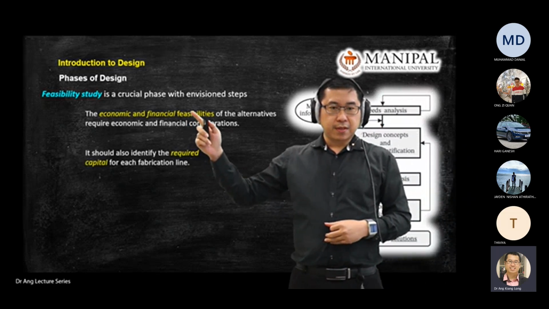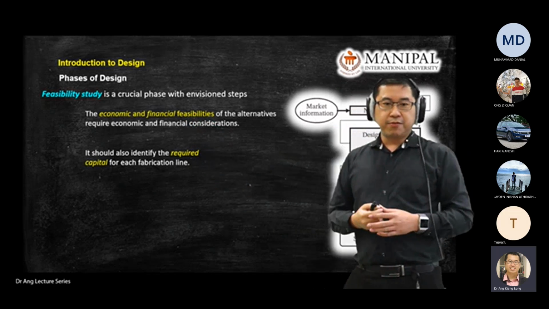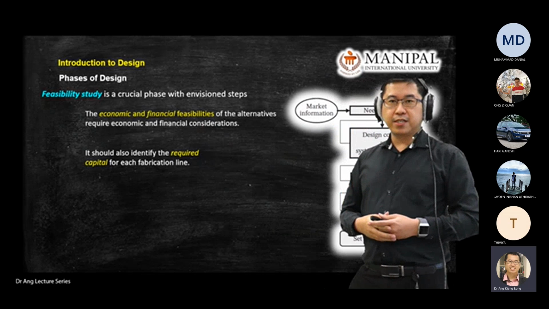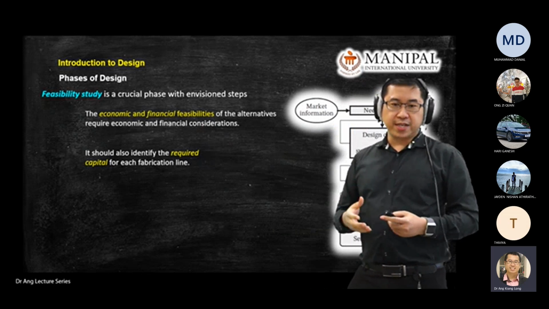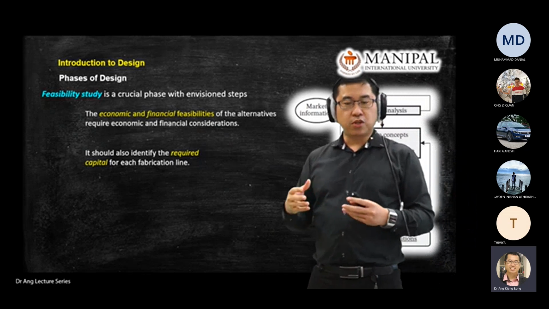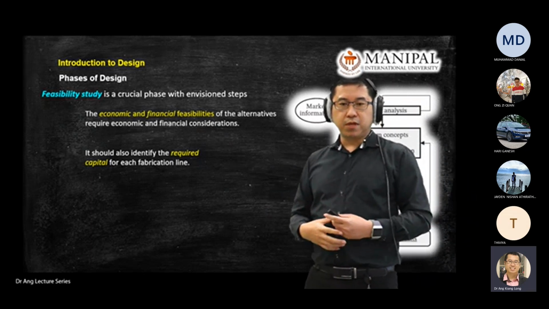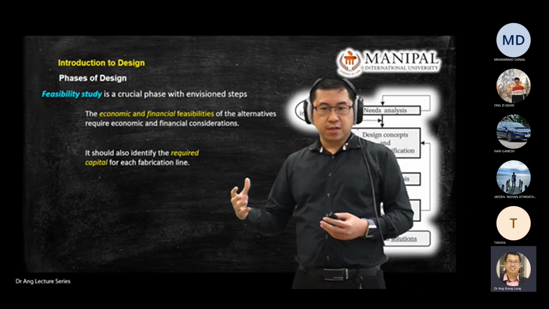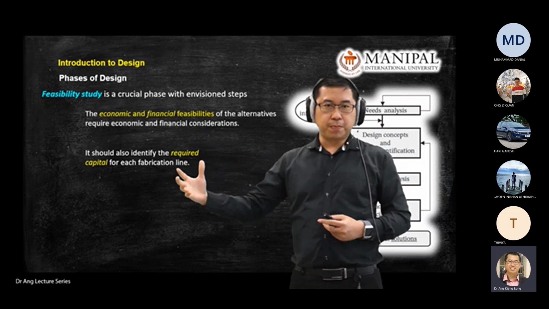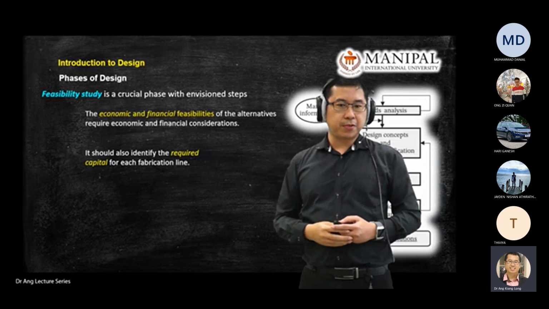And it is because when you have done feasibility studies, you know how much resources you need to invest. Maybe you need to invest in new equipment. Maybe you need to invest in new expertise, employing a new person in that particular area to solve those technical problems.